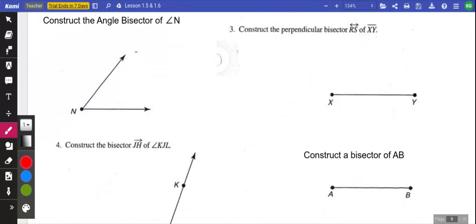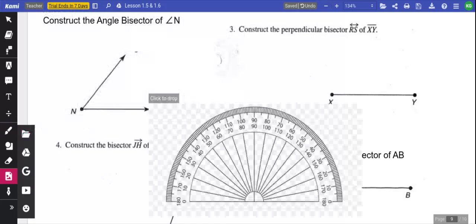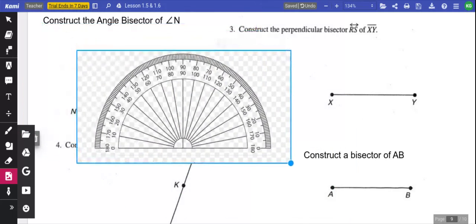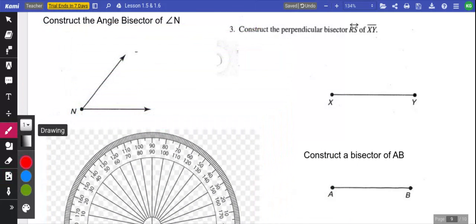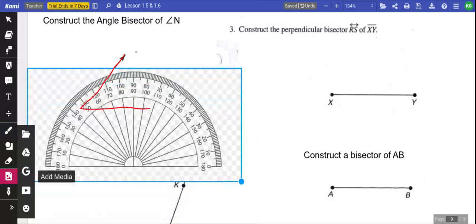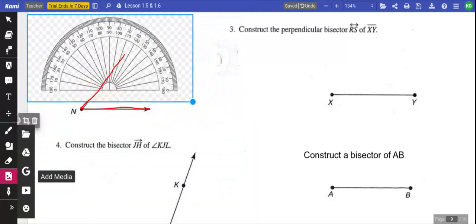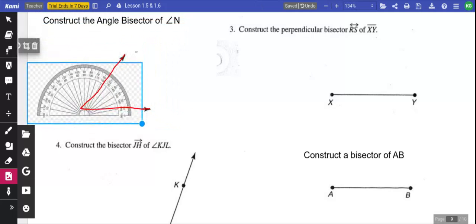Okay, here are just some more examples, so I'll try to go through these pretty quickly. For this angle bisector, again, I need to bring in my protractor. Measure. Oh, gotta highlight it first. Okay. Measure the angle. It's not small enough.